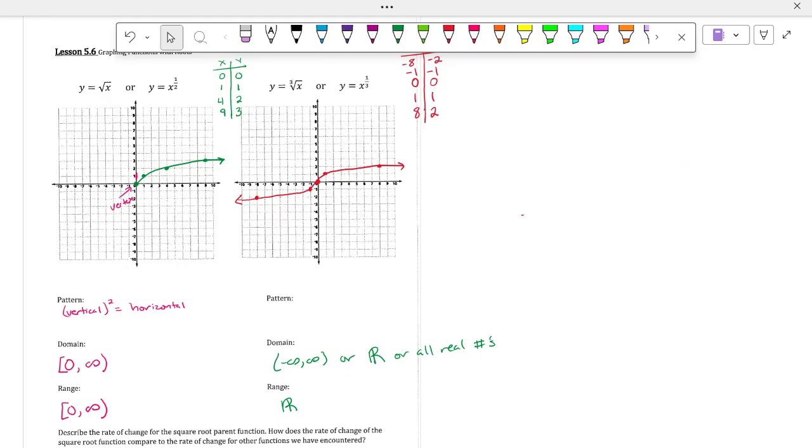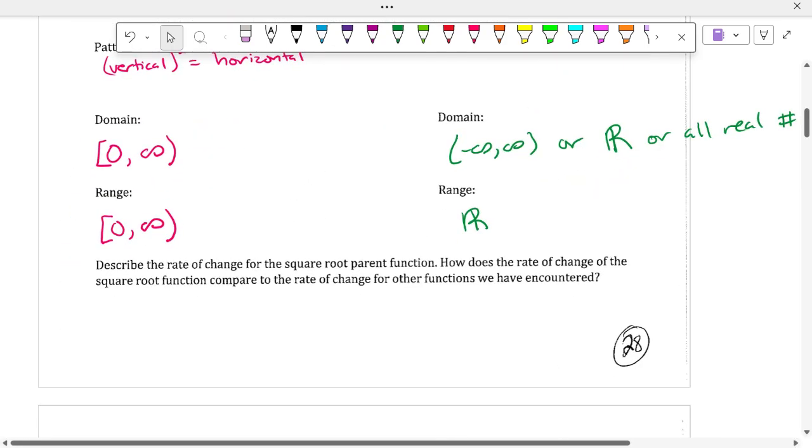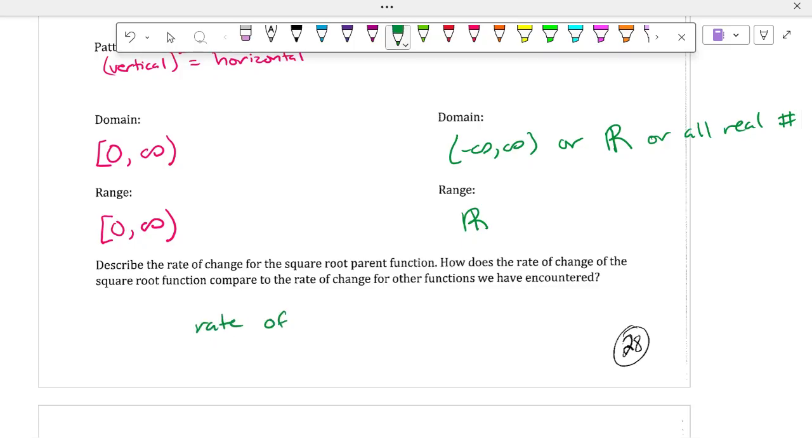So, in other words, the rate of change is very slow. Because with parabolas, we're used to y values getting bigger very quickly.